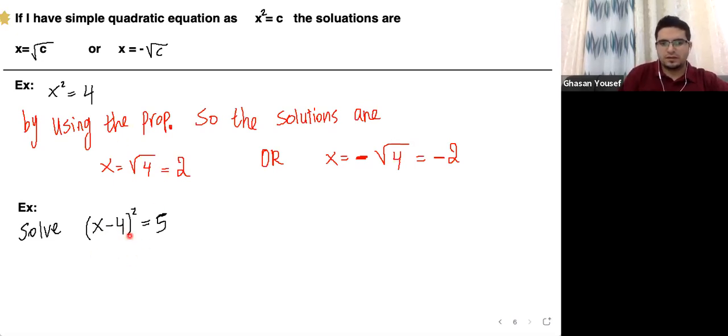Actually, this one is similar to the previous one. So what is the answer now? It looks like this. So how can I solve it?